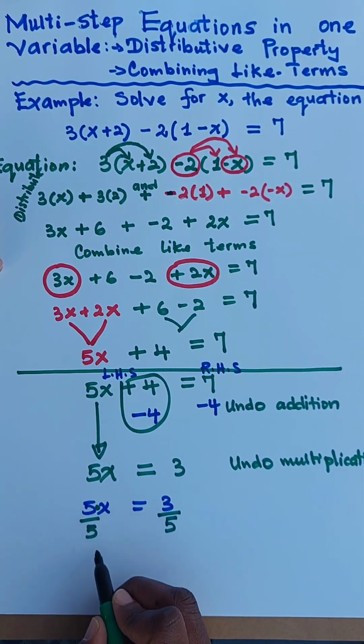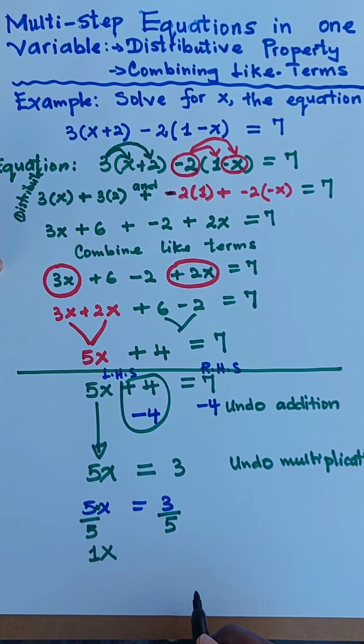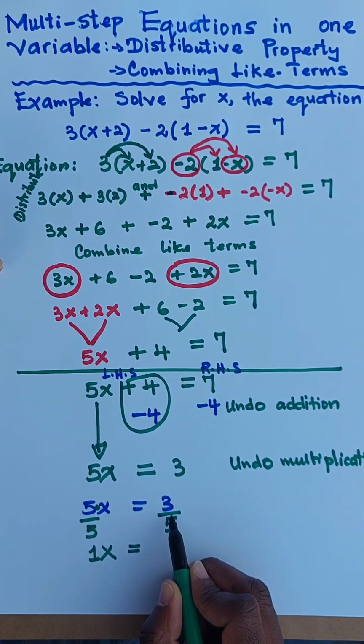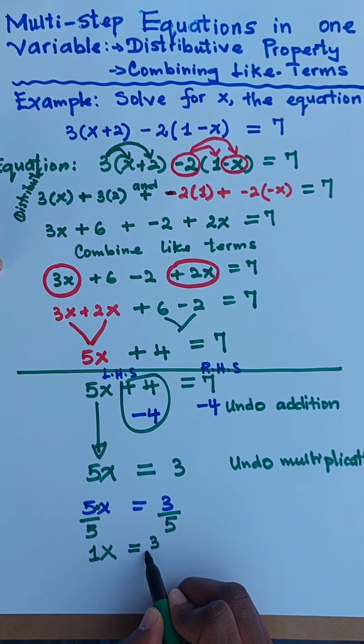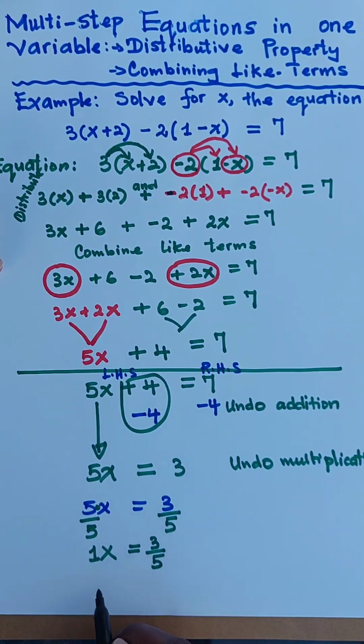So 5 divided by 5 is 1. So now we have 1x, that is what we wanted to have the whole time, equals 3/5. It is okay to have a fraction for an answer. 1x is just the same as x. And so we have x equals 3/5.